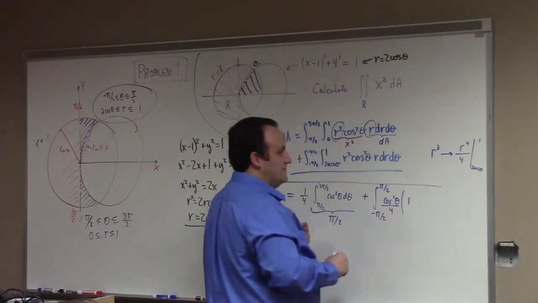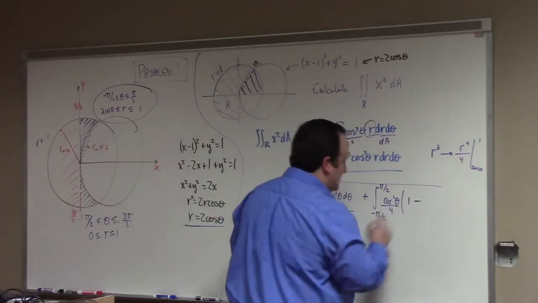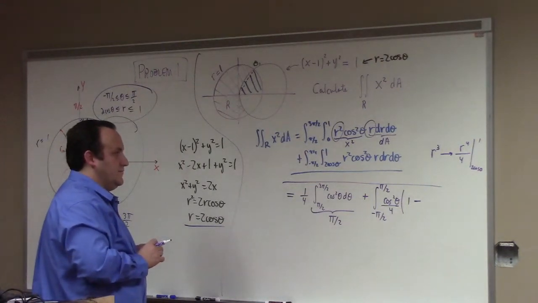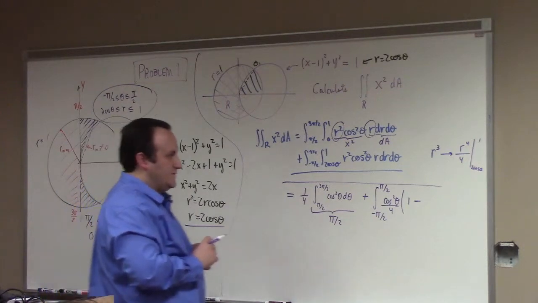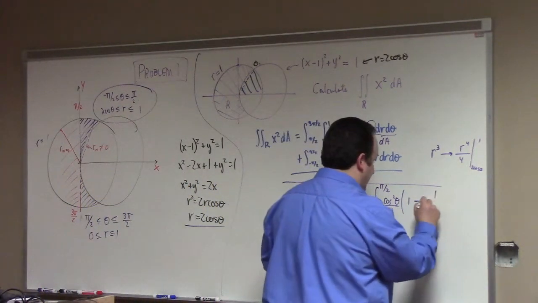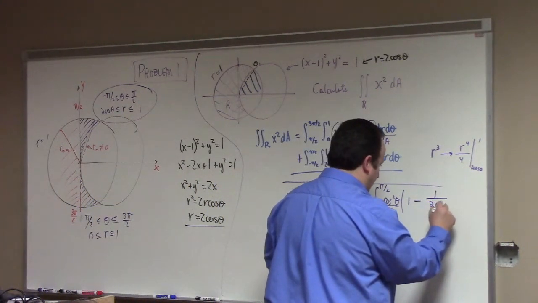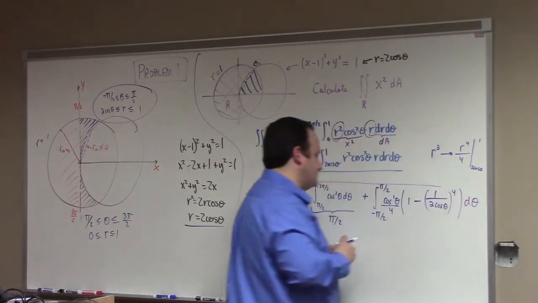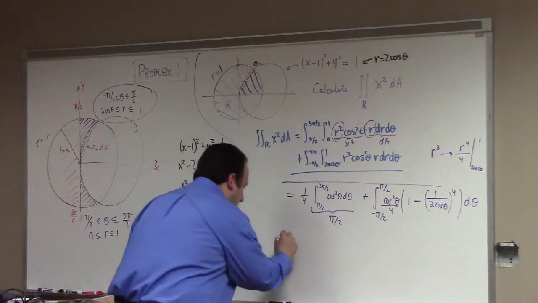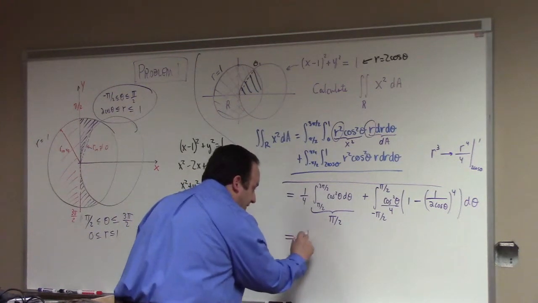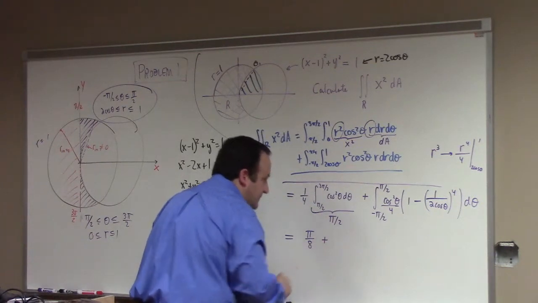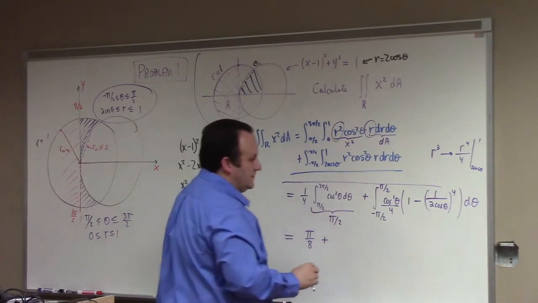1 minus, what do we get? 1 over 2 cosine theta to the 4th power, right? Let's see here. So that gives me pi over 8 plus, let's see here.